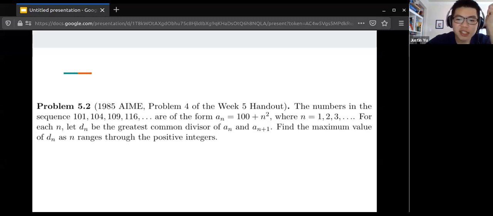Yeah, so this is going to be a GCD question. And for this GCD question, we're going to be using our old friend, the Euclidean algorithm. Does anybody need a refresher on what the Euclidean algorithm is? Yes, please. Oh, okay.